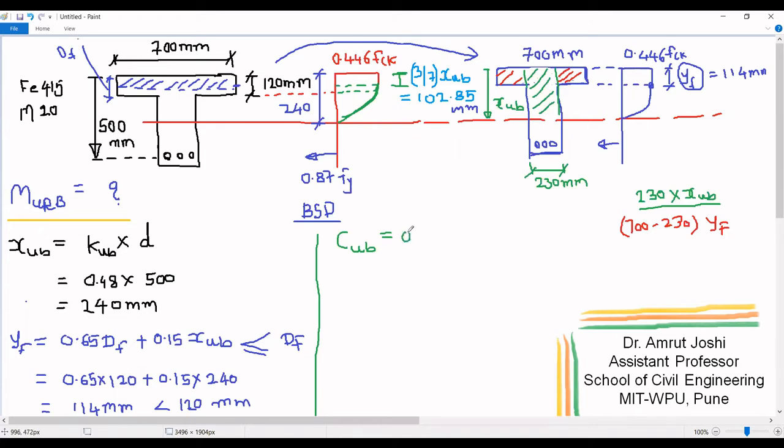So I will write it as 0.36 FCK, FCK is 20 here, 0.36 FCK BW, the width of beam, multiplied by XUB, which in our case is 240.